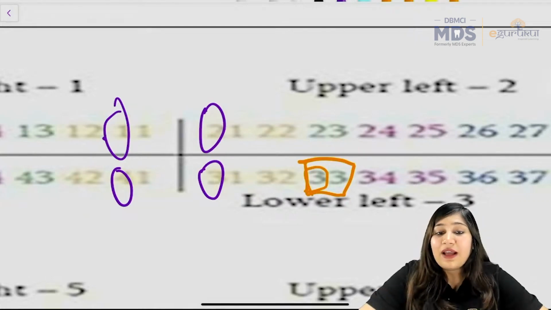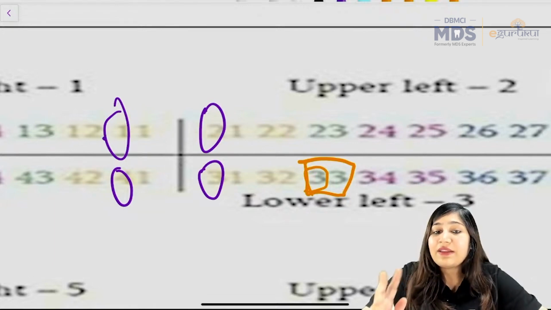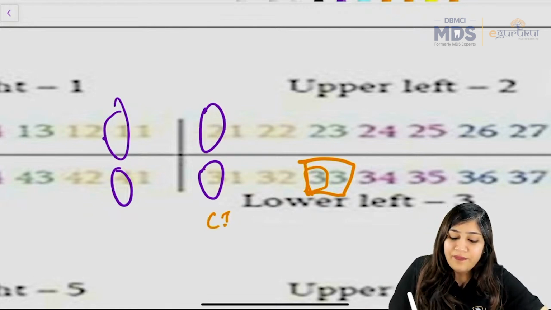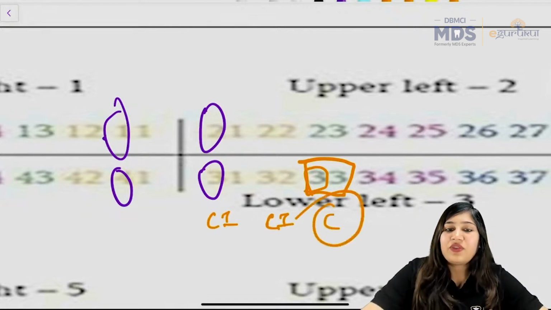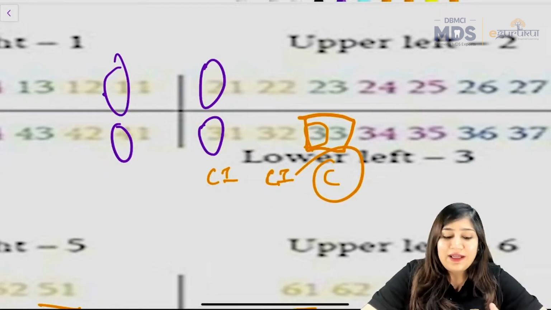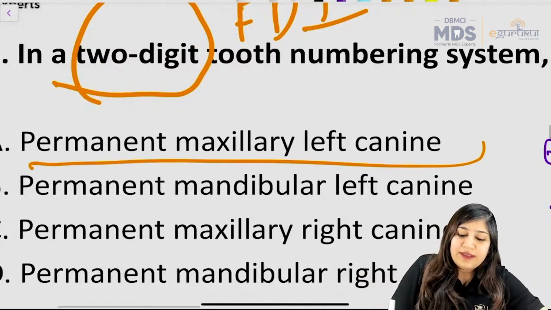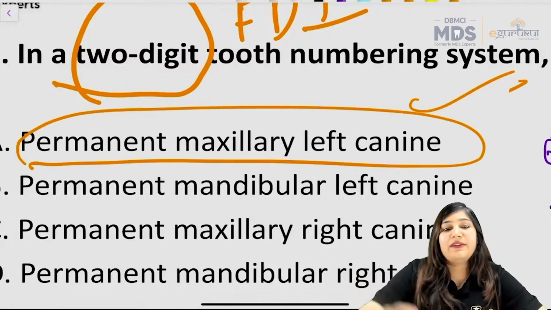And the second 3 represents the tooth number. So 1 is central incisor, 2 is lateral incisor, and 3 will be our canine. So 3, 3 is mandibular left canine. So this is our correct option here.